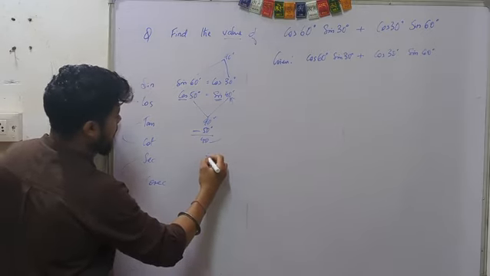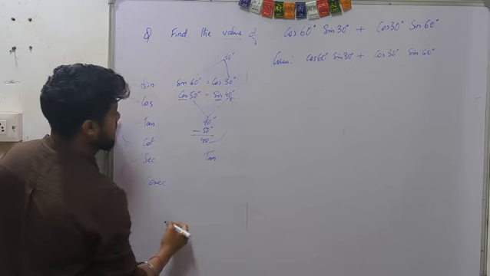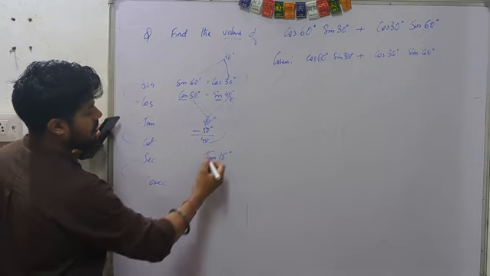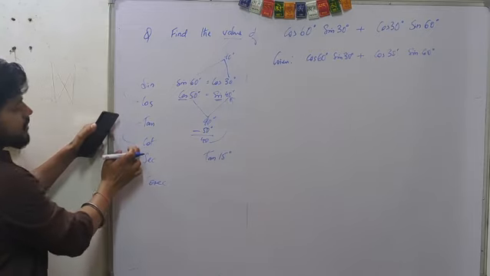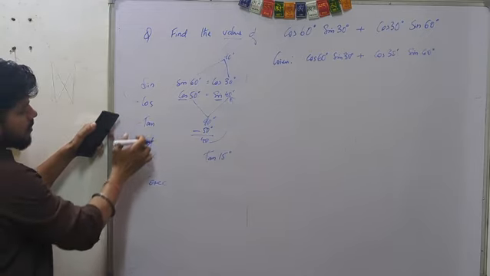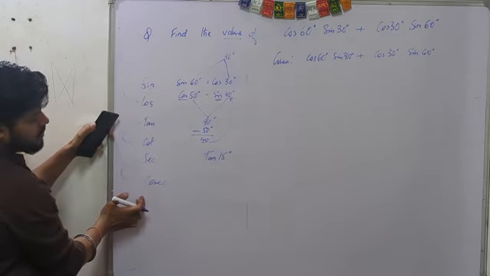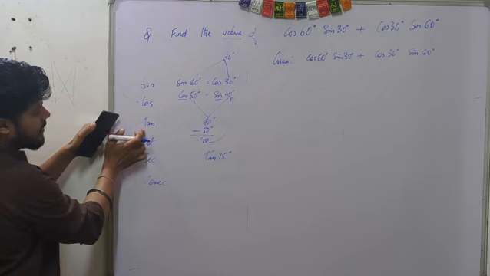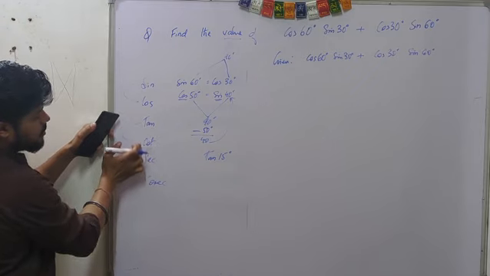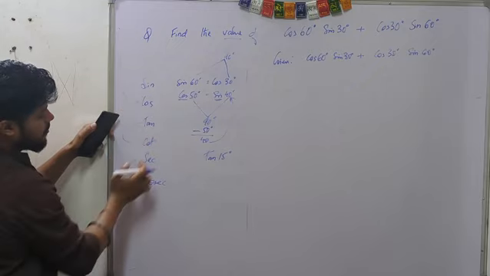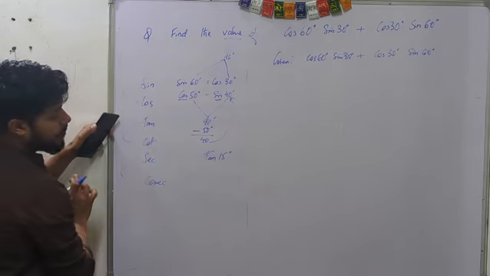Say for example, I have tan 15 degree, and I need the complementary value of it, in terms of cot. Remember the sequence: sine, cos, tan, cot, sec, cosec. Tan is complementary to cot, cot is complementary to tan, cos and sine are complementary, sec and cosec are complementary.